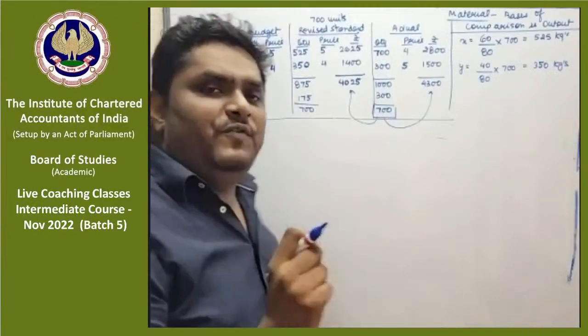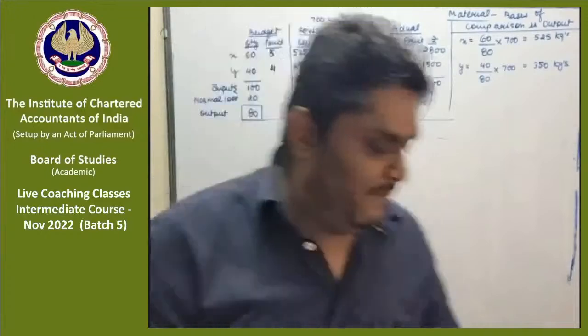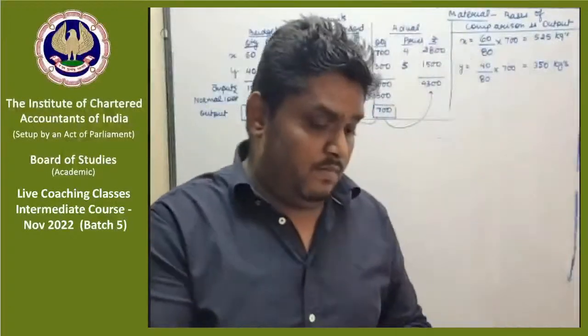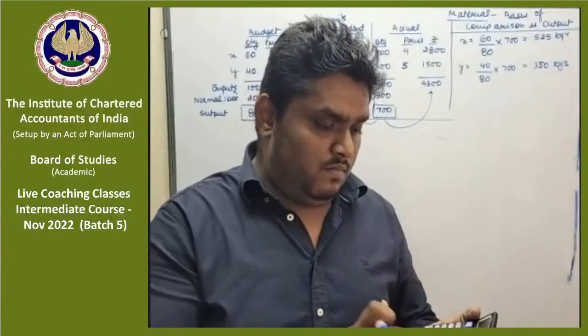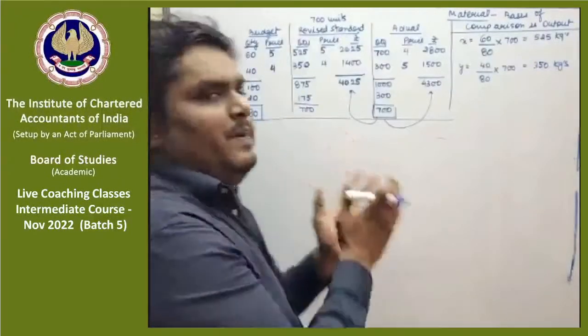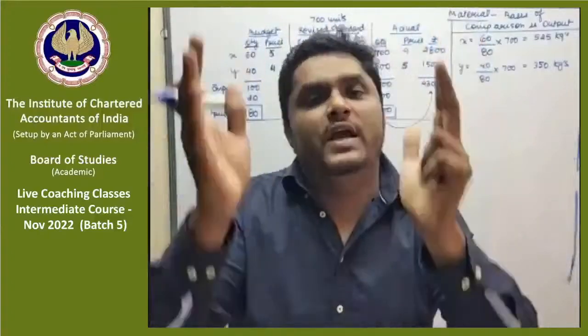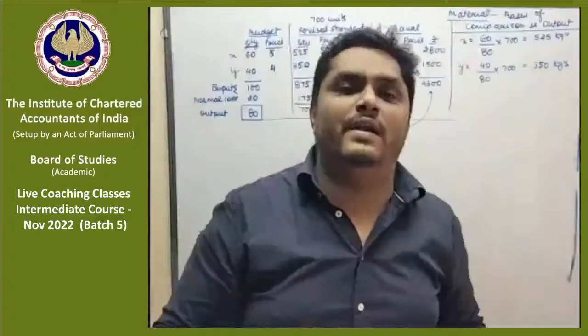The normal loss of 20% of 875 is 175. So we have revised the budget. The budget is for 80 units. We have converted all the figures from 80 units to 700 units.